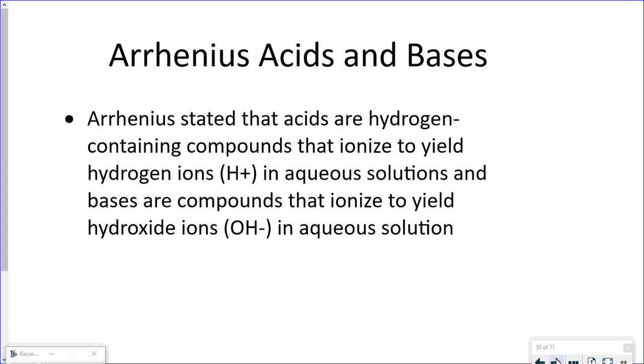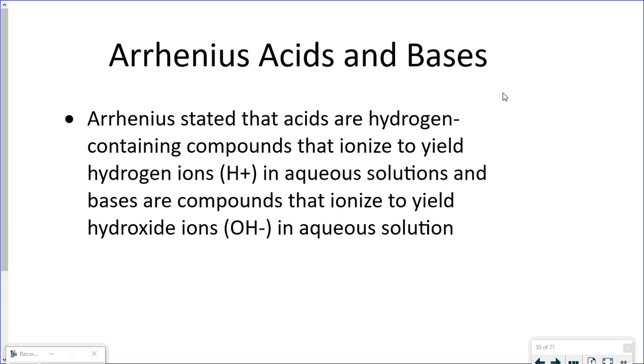Now we're actually going to talk about the different types of acids and bases. We've talked about acids and bases in the past, as acids start with hydrogen and bases have hydroxide. That is our basic Arrhenius acid and base definition. So this is what we normally think of as acids and bases.